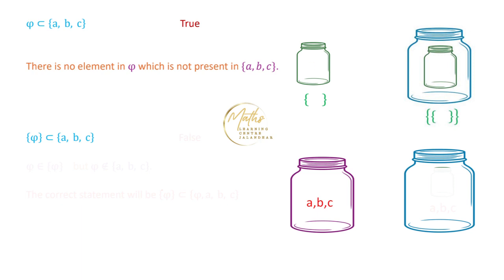So these two sets are representing different things. I hope this is clear to you, that this set and this set are representing two different things. Now when we are talking about this second set, there is an element in this set which is empty. So phi belongs to the set containing the empty set, but phi does not belong to the set A, B, C.